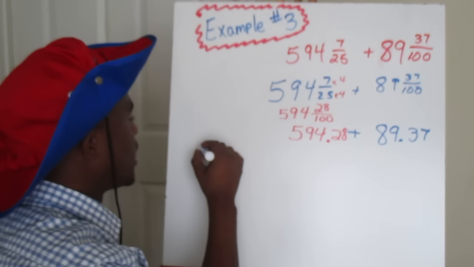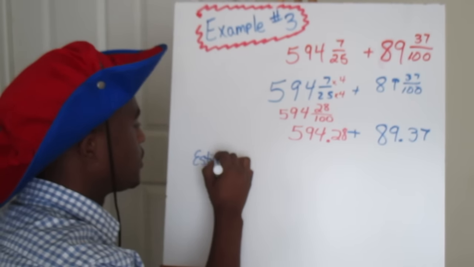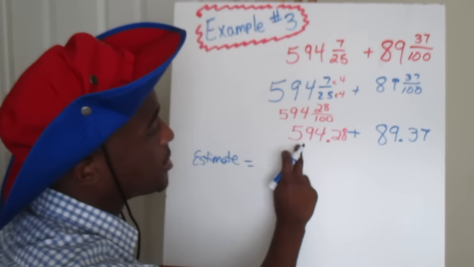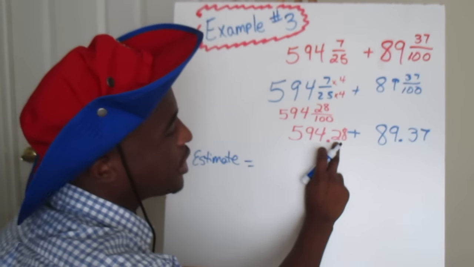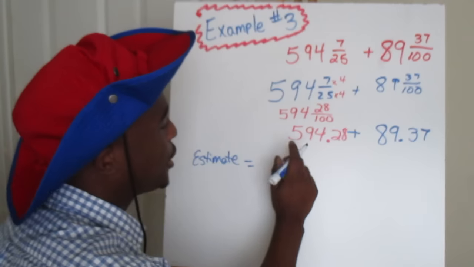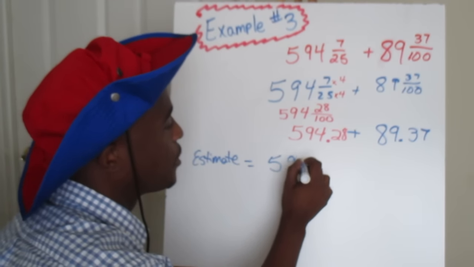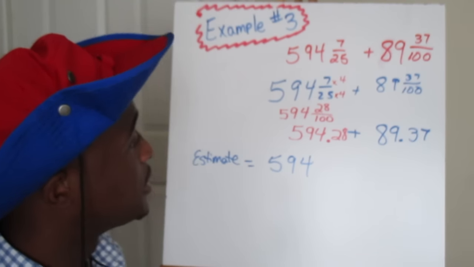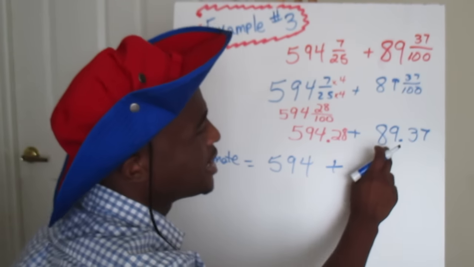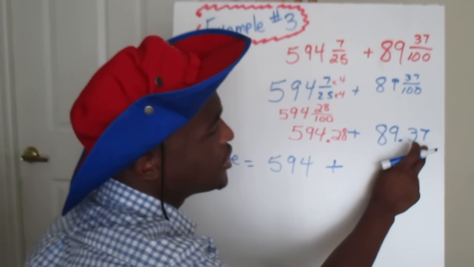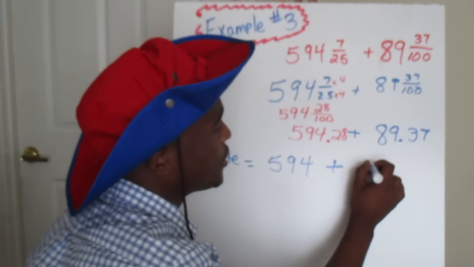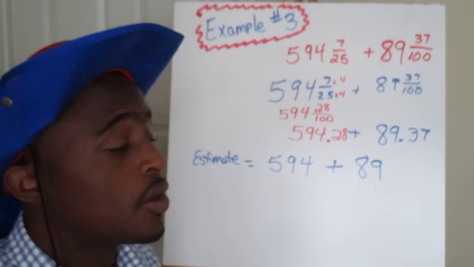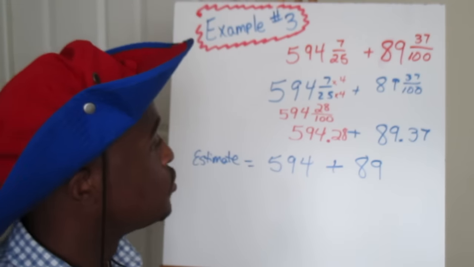All right. So first we want to estimate. When I estimate, 594 and 28 hundredths is closer to 594 than it is to 595. Plus 89 and 37 hundredths is closer to 89 than it is to 90. So I would round that to 89.